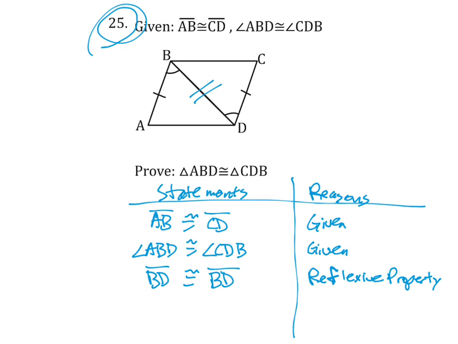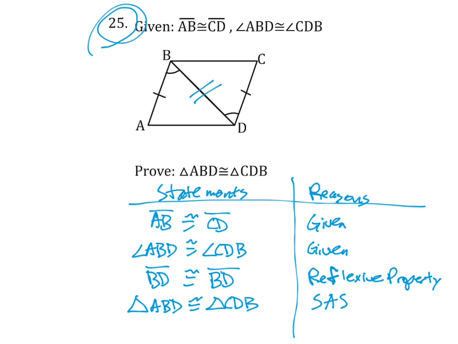So this side BD on this triangle is congruent to side BD on that triangle. They share. So now we have that. We can finish out our proof here. We got triangle ABD congruent to triangle CDB. And this one happens to also be side, angle, side. Alright, so there's another proof down for you.